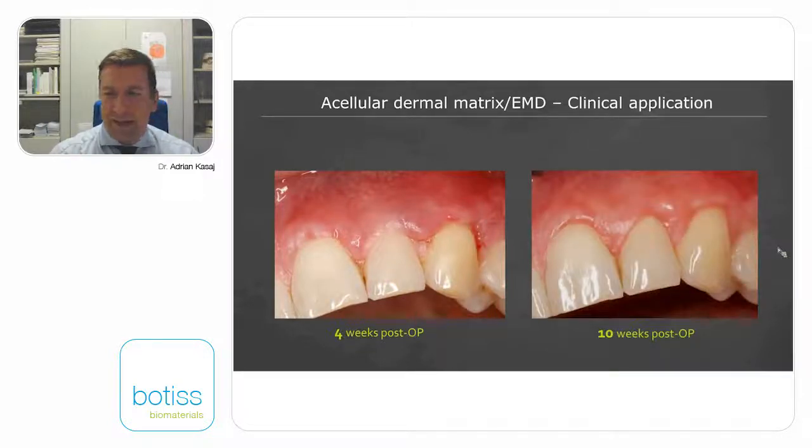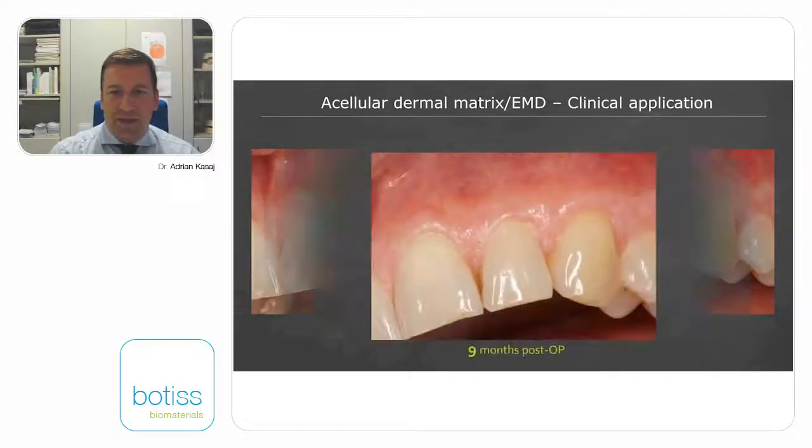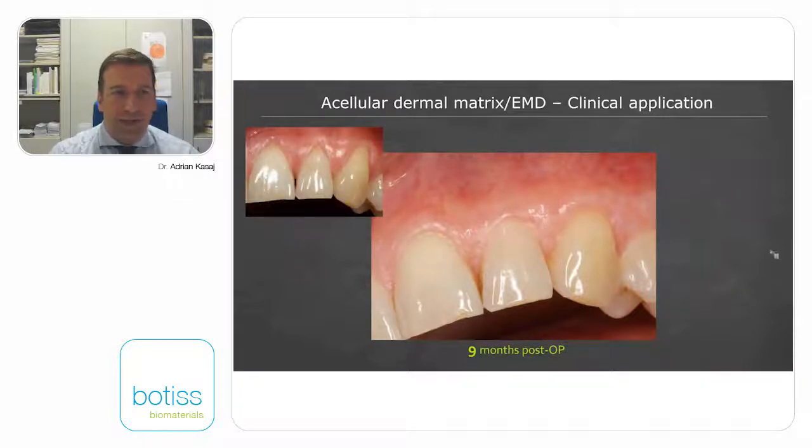You can see here the clinical situation 10 weeks post-operative, at the left side 3 months post-operative, and here 9 months post-operative, and you can see the outcome 9 months post-operative in comparison to the baseline situation.